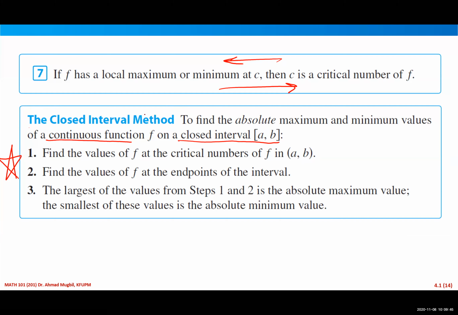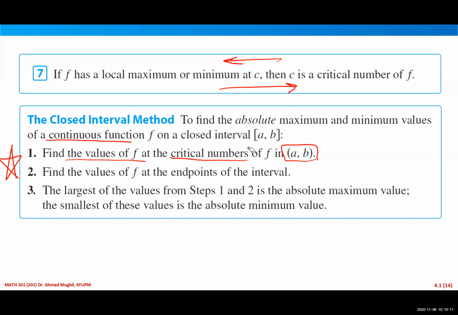So what should you do to apply this method? First of all, you need to check that the function is continuous over the closed interval. Second, you need to find the critical numbers and then evaluate the function at these critical numbers. The critical numbers are not necessarily at the end points.